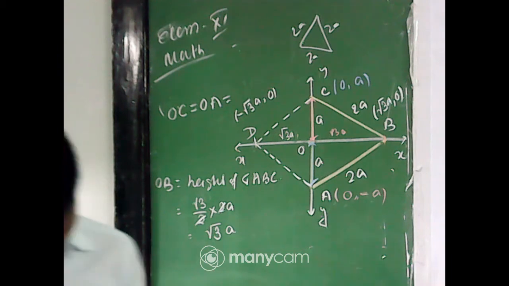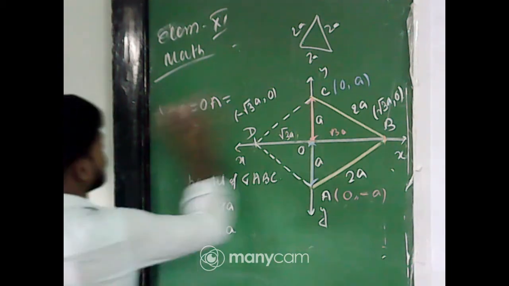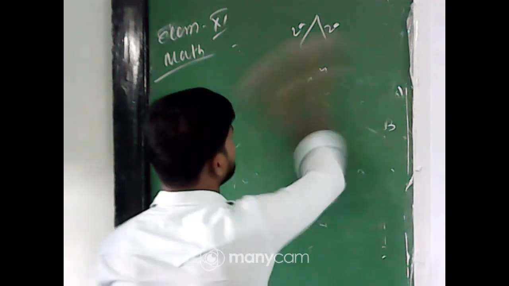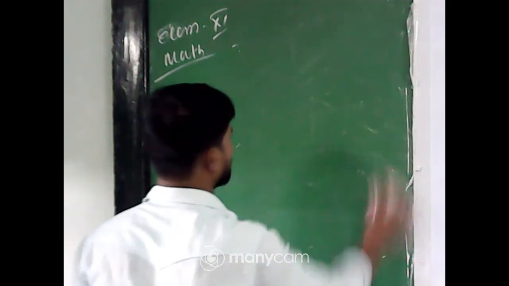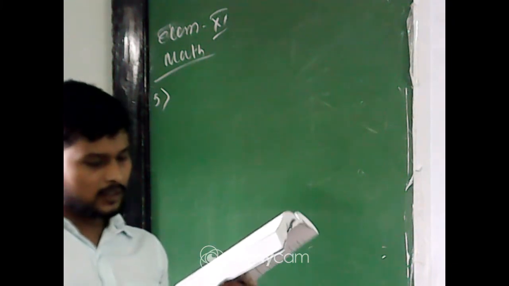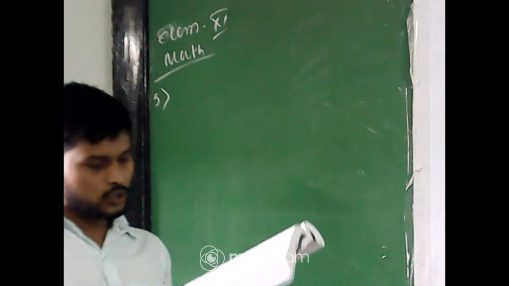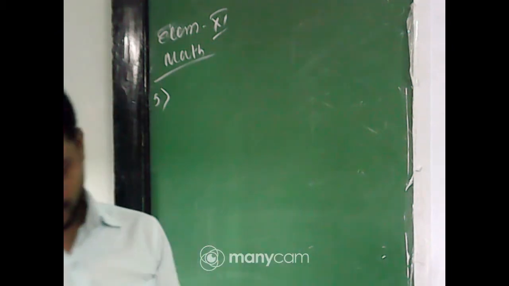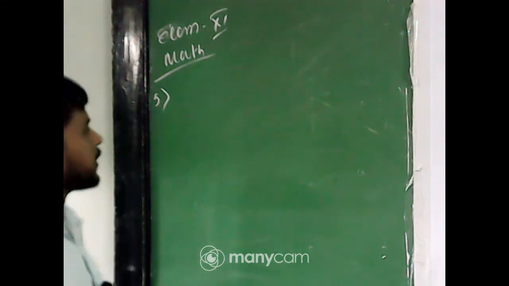Okay, so let's solve question number 5 now. Question number 5 is: find the slope of the line which is passing through the origin and the midpoint of the line segment joining the point P whose coordinate is 0 comma minus 4 and B whose coordinate is 8 comma 0.